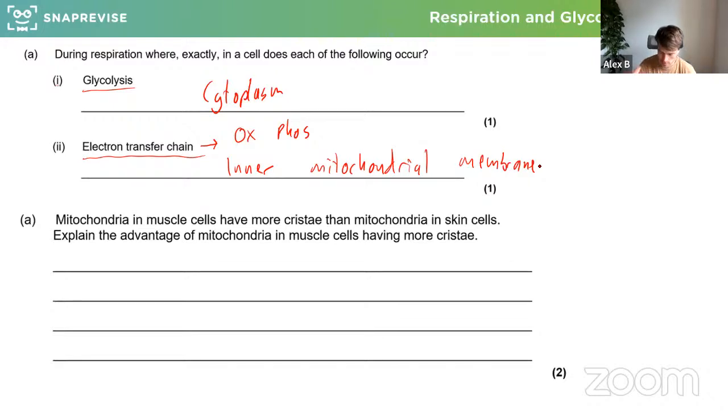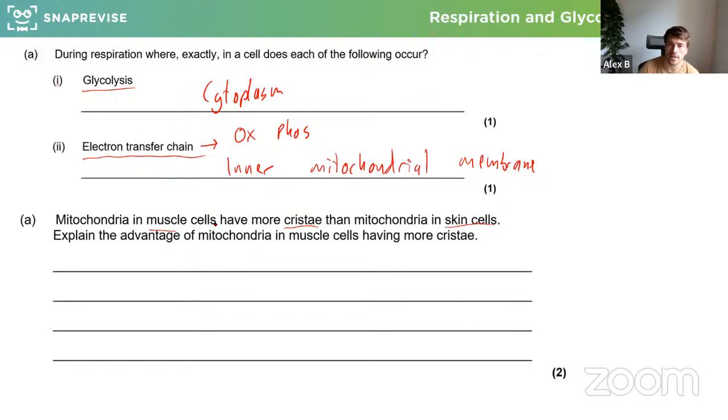Then have a look at this question. 2 marker, why do mitochondria in muscle cells have more cristae than mitochondria in skin cells? ETC is on the inner membrane.